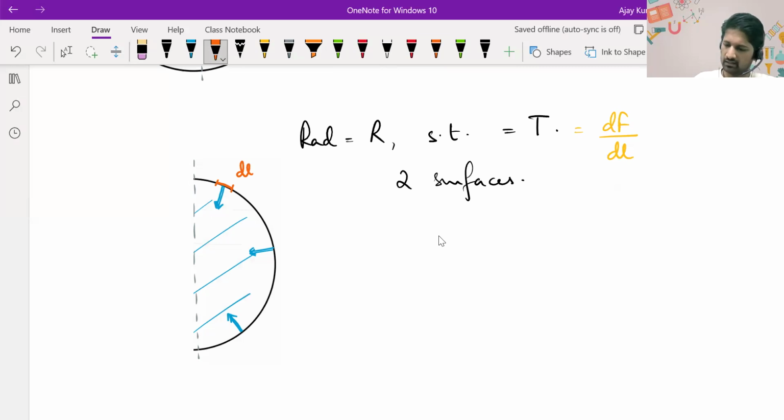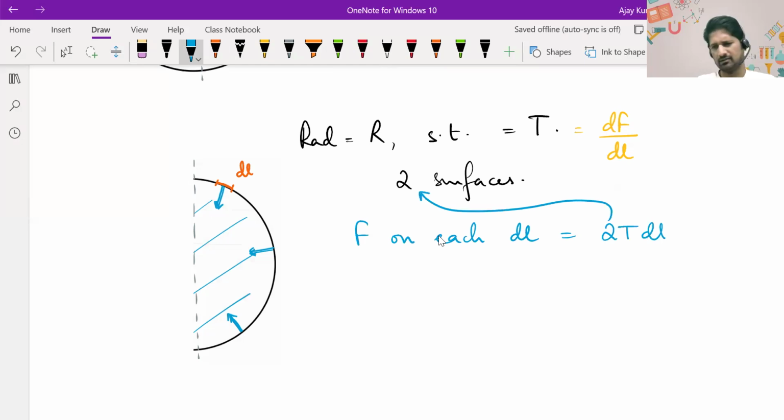So I'll write it directly. Force on each element is 2T dl. The 2 comes from the fact that there are two surfaces. Otherwise, it's just T dl. So we know how much is the force acting on each element. But we want the total force acting on this semicircle.